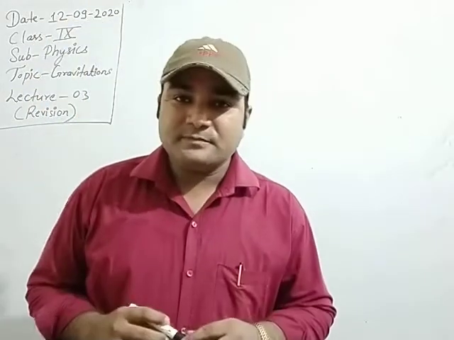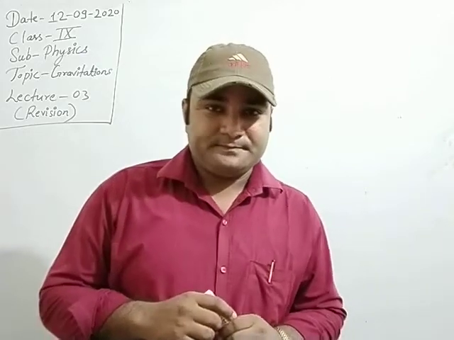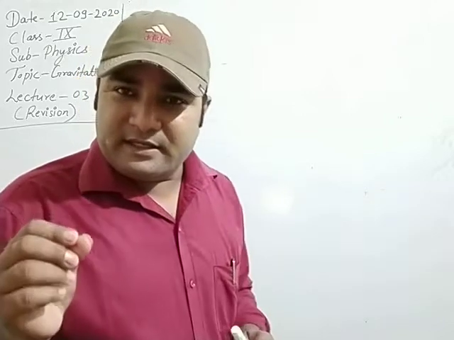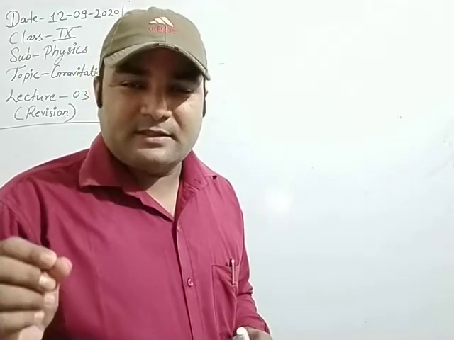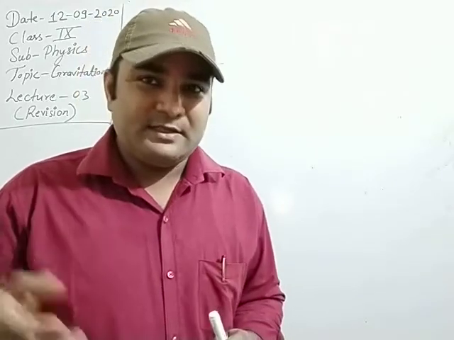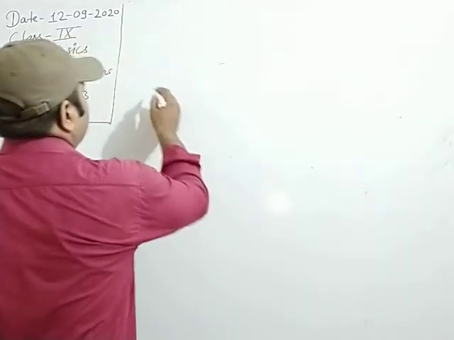After the discussion about mass and weight, the next concept is what? Thrust and pressure. But these concepts are deleted in the new syllabus. So you only have to listen to all those concepts that are deleted in the new syllabus, and I will explain only in simple form.